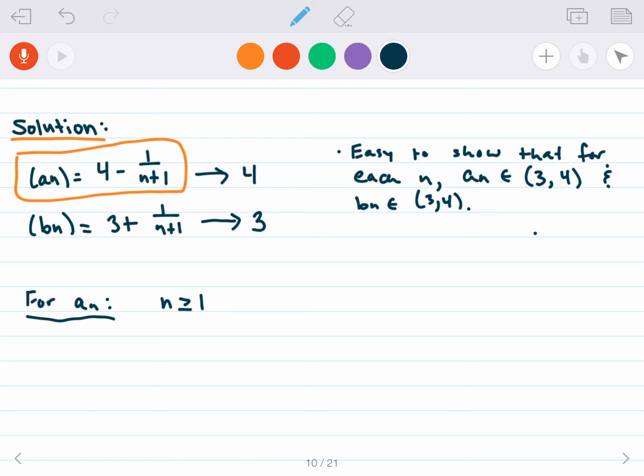And if I'm trying to get this expression, what I can do to get closer to that is to add 1 to n. And so if I add 1 to both sides, n plus 1 is bigger than or equal to 2. And so just do the algebra. 1 over n plus 1 is less than or equal to 1/2. Multiply by a negative to flip the sign.